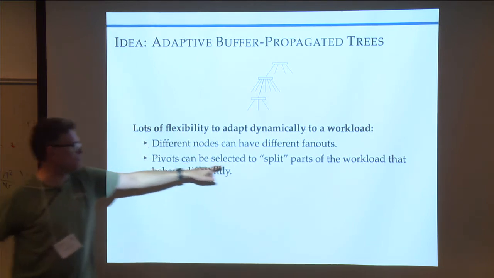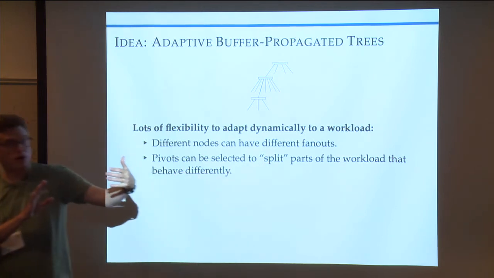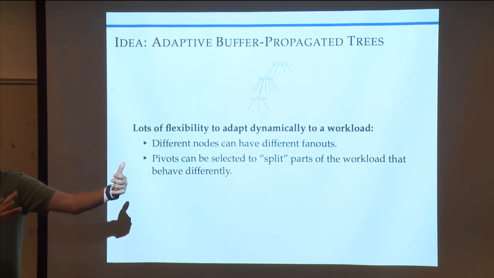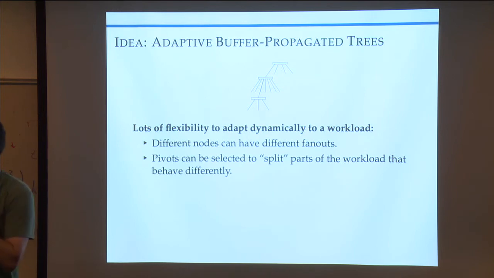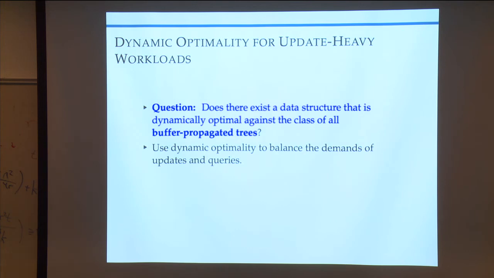We want to select pivots somehow to split parts of the workload that are more insertion heavy from parts that are more query heavy. And of course, the structure changes over time, so we want the structure to be dynamic. These are the knobs that we have for these adaptive buffer propagated trees.